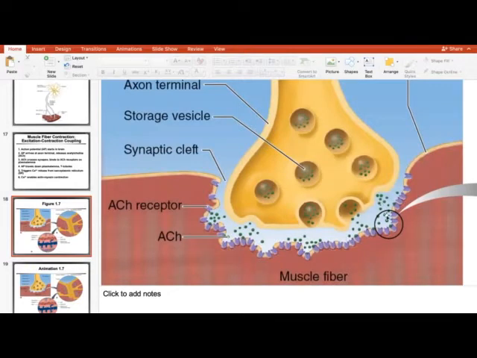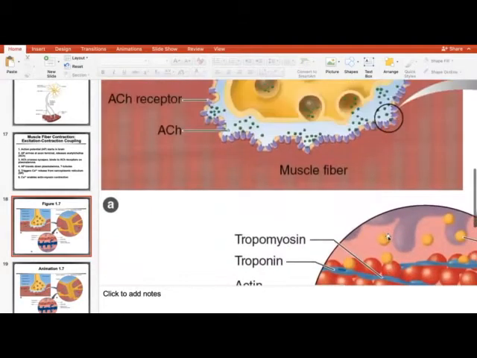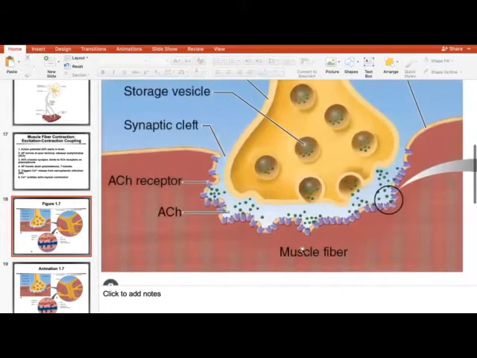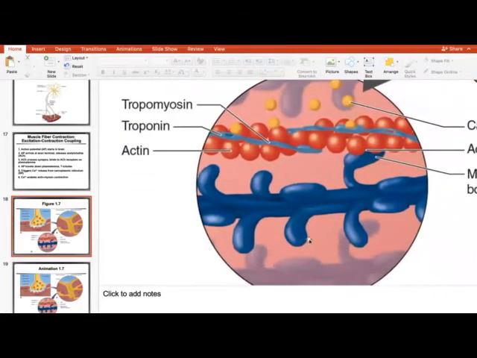And when the acetylcholine is accepted by the receptor, there's going to be a propagation of that action potential into the muscle fiber, into the sarcoplasmic reticulum. And when that action potential gets into the sarcoplasmic reticulum, it's going to make it so that the troponin and tropomyosin intertwine so that the myosin heads can connect to the actin sites.